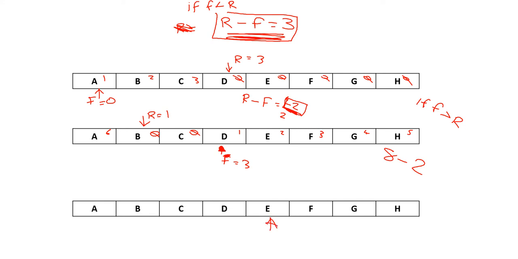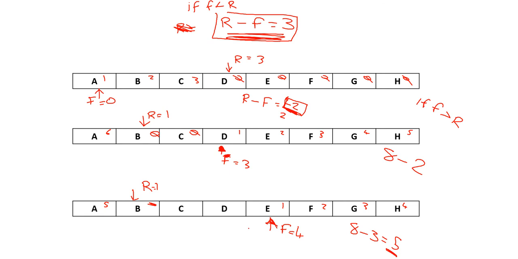So if we move F up by 1, so F is 4, and R, if we just stick it back at 1 again. So the size of the array is 8 still. R minus F is minus 3. That gives us 5. Size of 5. 1, 2, 3, 4, 5.